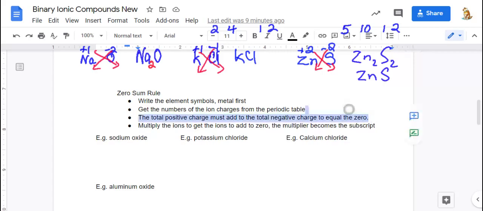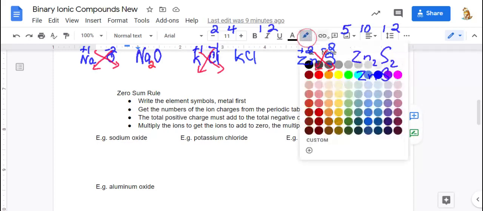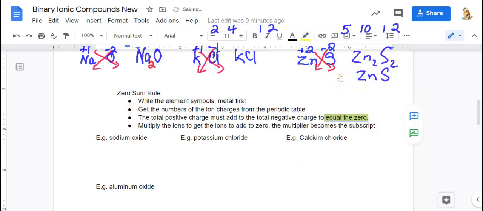That's why it's called the zero-sum rule. Multiply the ions to get the charges to add to 0, and then the multiplier becomes the subscript.